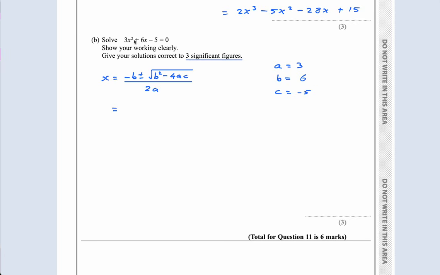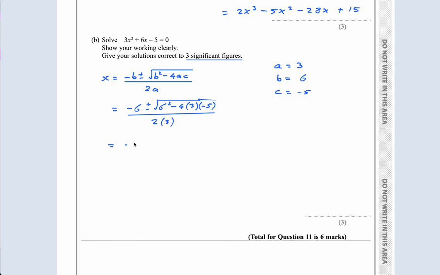They come from a, b, c. Easy. Minus b, minus 6 plus or minus the square root of b squared, 6 squared, minus 4 times a times -5, all over 2 times 3, like this.